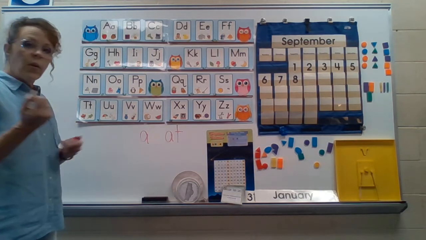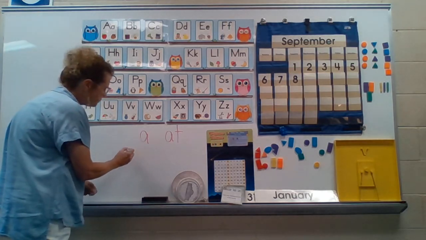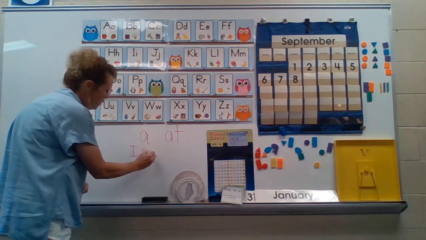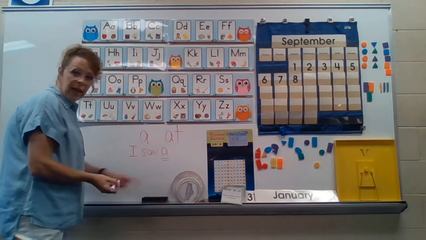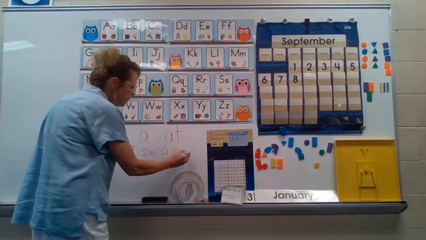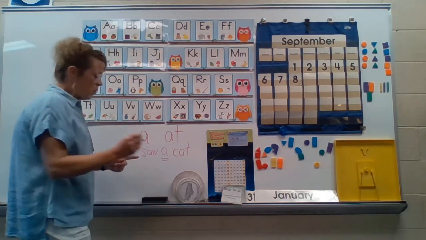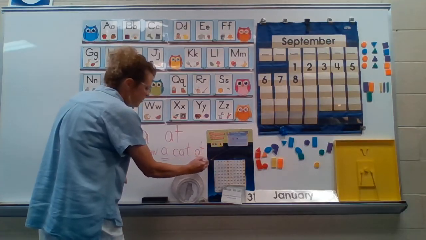Okay? So my sentence might say, I saw a, here's that sight word, a cat, and then here comes the next sight word. At.